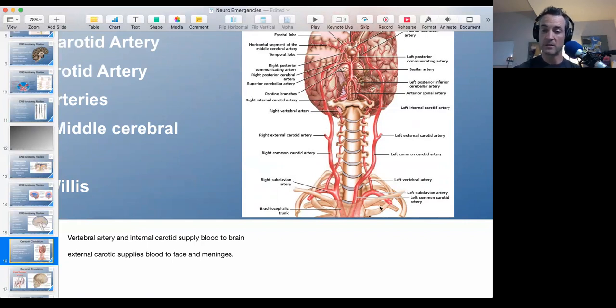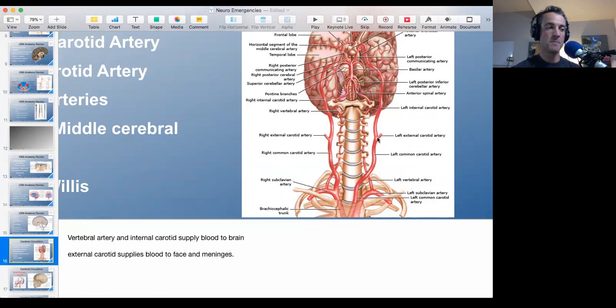But if you think about this, you've got your left common carotid that comes up here, and that's feeding into the superior portion. And you've got the opposite side, the contralateral side, that's providing blood flow. But if you obstruct this left vertebral artery, then you're potentially obstructing blood supply to the spinal cord, and also the ipsilateral posterior side of the brain is going to become ischemic sooner rather than the rest of the region of the brain.